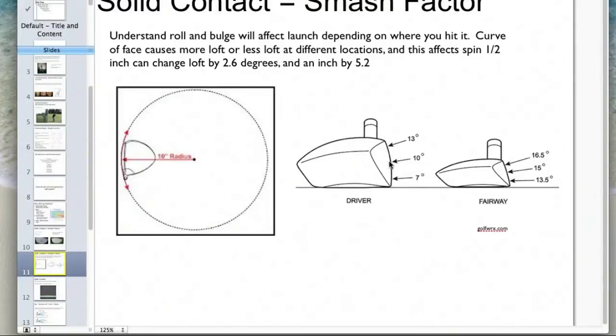It's not always, but there's a decent chance that that's right in the middle of the club. Well, just because of this curve of the face, if you were to hit it an inch high on the center, that would change. If it was an 11-degree radius, that would change the loft by 5.2 degrees. If you hit it an inch low, that would also change it by 5.2 degrees. So instead of having a 10-degree driver, you could be hitting a 15-degree, which is essentially your 3-wood, or a 5-degree, depending on where you're making contact vertically on the face.